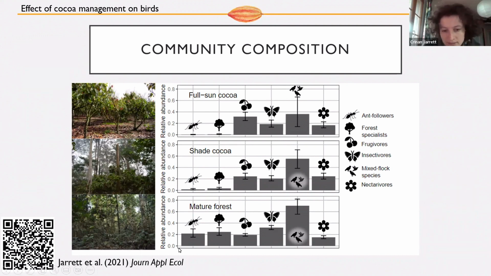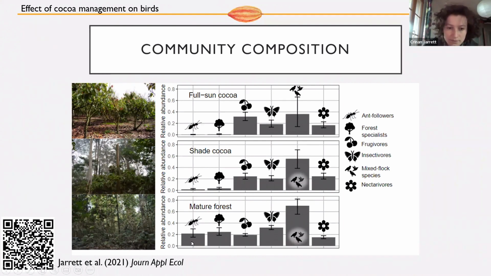And the main thing you can see here is that the 3 specialized foraging guilds, which are the ant followers, the forest specialists, and the mixed flock species, occur at much higher abundances in mature forest than they do in cocoa. And the shady cocoa represents some sort of intermediate.